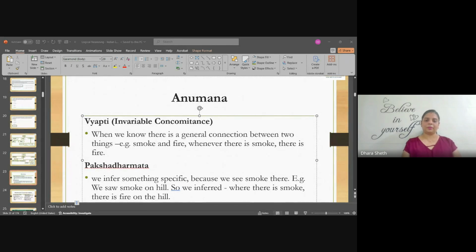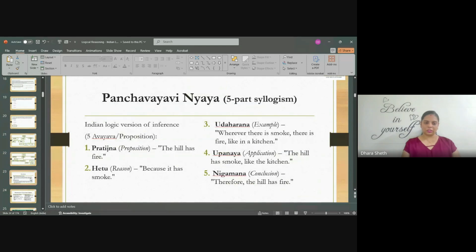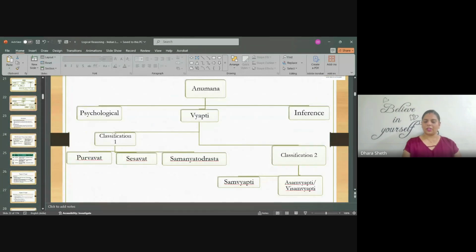Okay. So now that you know Vyapti is the connection between two things, the first classification is, I don't know, why is it first? Okay, let's take the second classification first. It's actually the classification which was supposed to be written first, but then there were a lot of terms, so I changed the sequence.